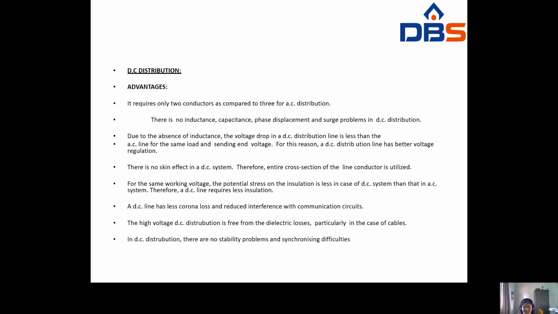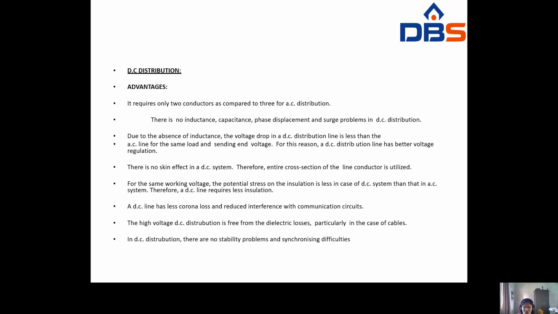Due to the absence of inductance in the DC distribution system, the voltage drop in a DC distribution line is less than in an AC line for the same load and sending end voltage.